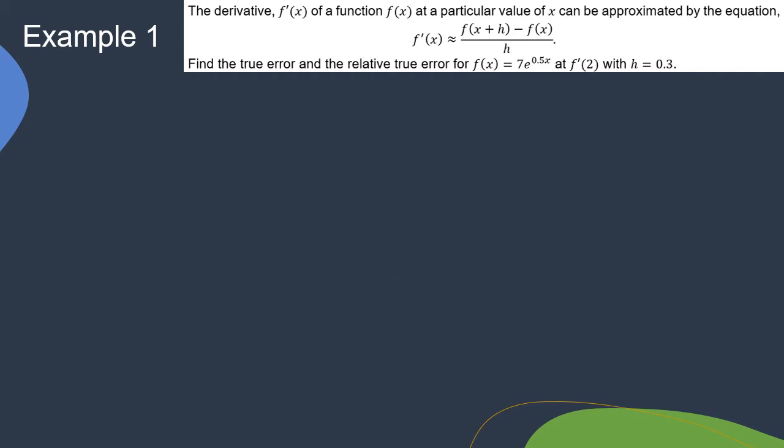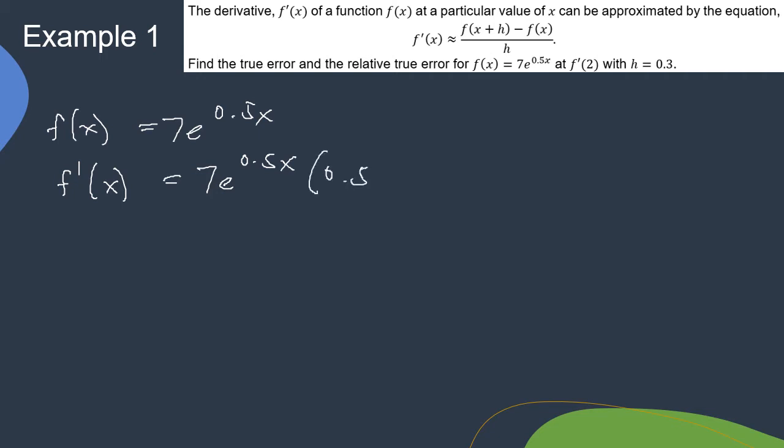The exact value of f prime of 2 can be calculated by using the knowledge on differential calculus. We have f of x given is equal to 7 e raised to 0.5x, and then the derivative of this, f prime of x, we have 7 e raised to 0.5x times the derivative of 0.5x, that is 0.5.